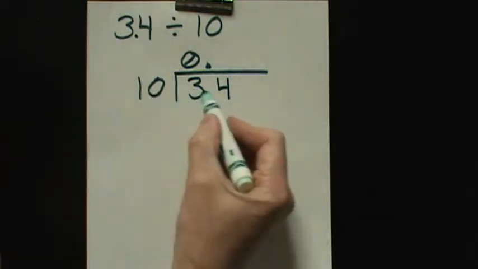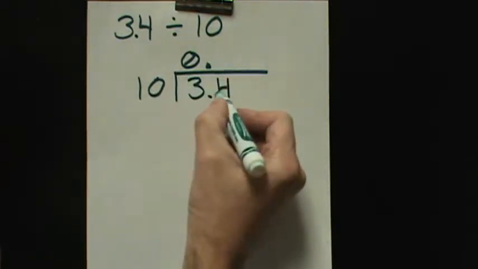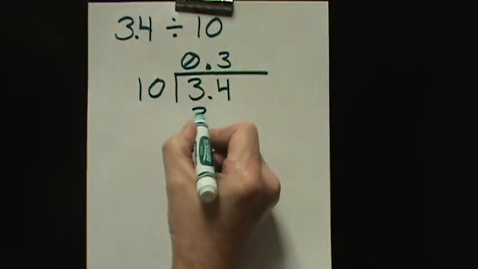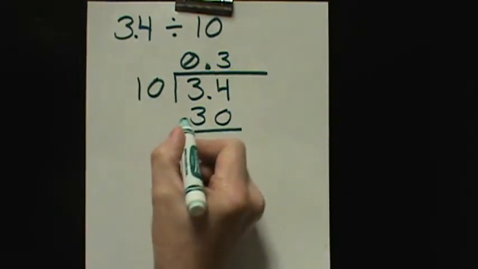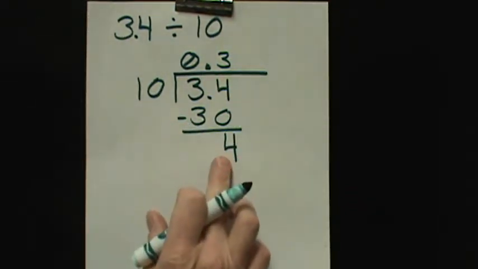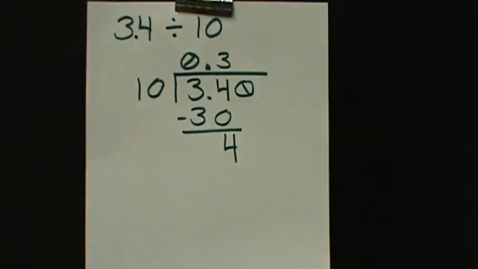We then ask ourselves, how many times does 10 go into 34? 10 will go into 34 3 times. 3 times 10 gives you 30. We subtract, we bring down the 4. Now, we still have a remainder, so we have to annex another 0 into the hundredths place.